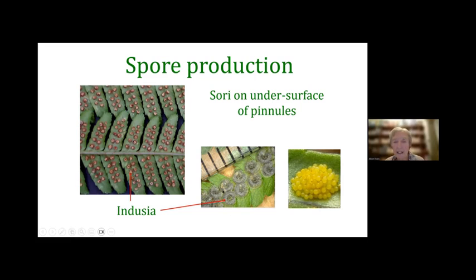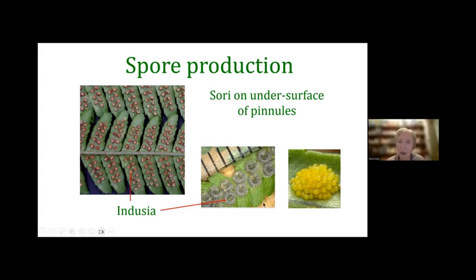So this membrane that covers the sorus is called an indusium, plural indusia. But this one here, down at the bottom corner here, there's no indusium. So now each of these little bobbles is not a spore, but it's a bag full of spores.